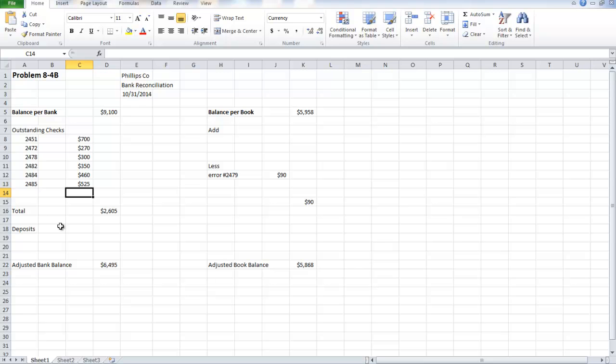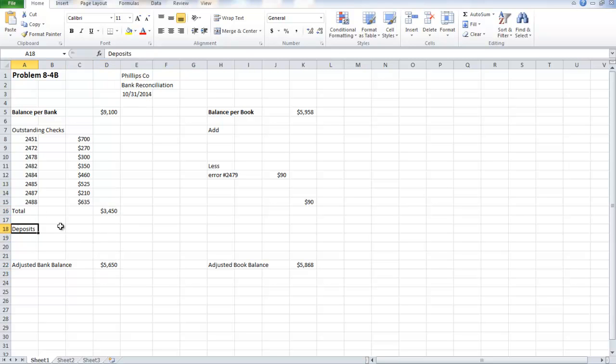Then checks number 2487 and 2488 do not appear in the bank statement, so we need to include both of those. And 2488 is for $635. My total outstanding checks are $34.50, which we subtract. So my current balance is $56.50.